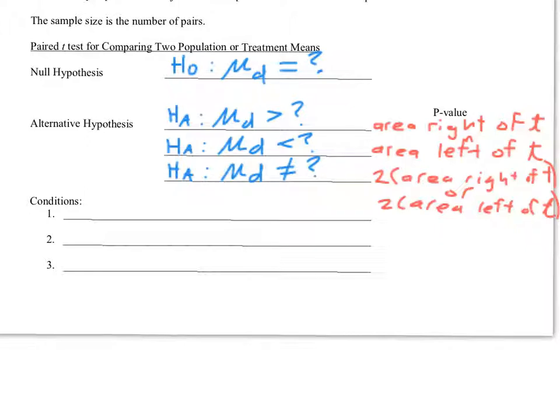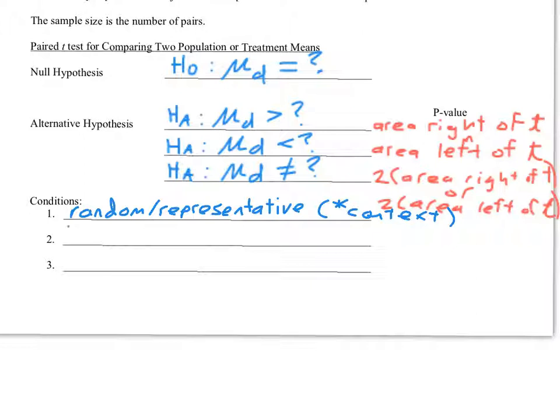Alright, the conditions are mostly the same. You have your random or representative condition, but remember to put this in context. Your second condition, there's two ways to satisfy it, either with the CLT or if the population is approximately normally distributed.